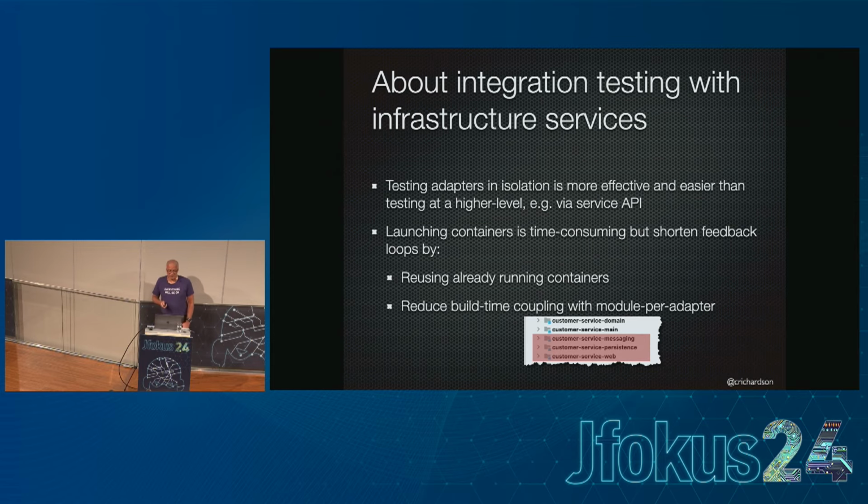Now, there are some issues with it, right? On the one hand, this is super good because it's a very focused test on this particular class, and that's quite straightforward versus actually testing it indirectly via the service's REST API. The downside is that launching containers is relatively time-consuming.